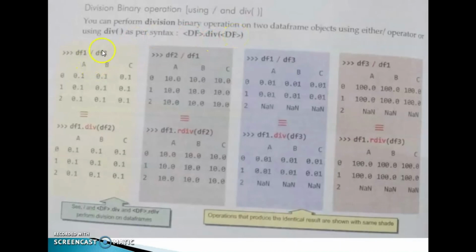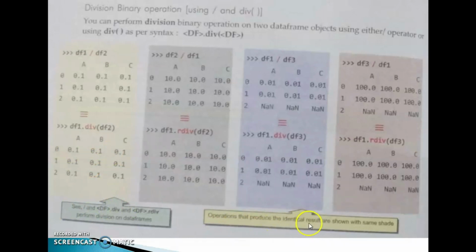Consider this one, df1 divided by df2. df1.div, within this parenthesis we can specify the df2 values. df1.div and df1.rdiv perform division on data frames. We can perform division operation on data frames by using this div and rdiv function.